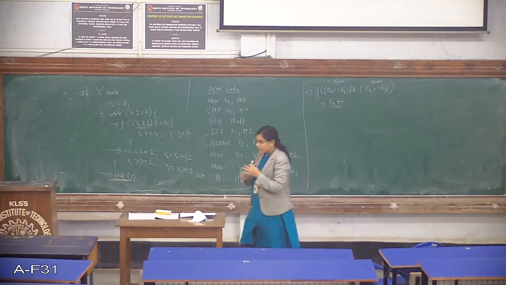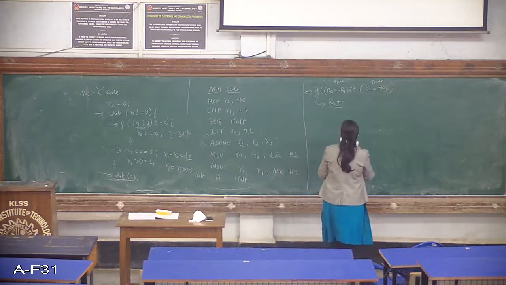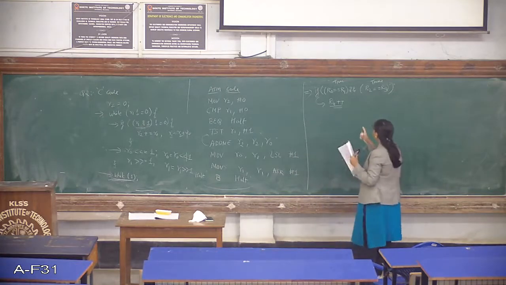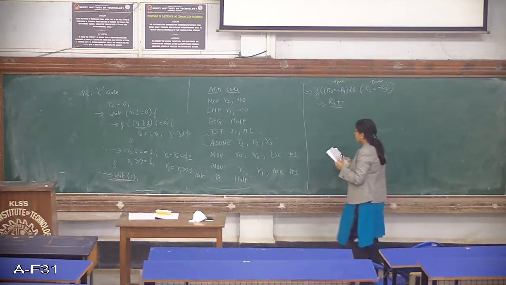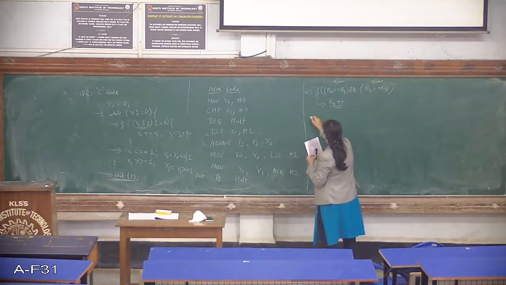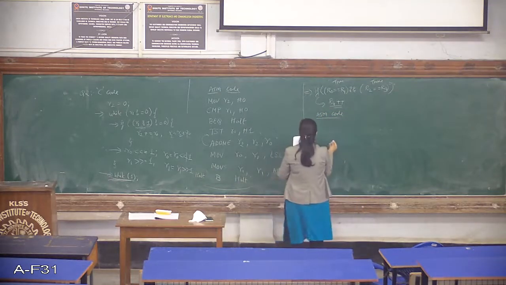So how do you write these instructions here? First thing is you're going to have a comparison of R0 with R1 and a comparison of R2 with R3. Okay, so I'll be starting with the compare instruction. This is my assembly code for the above C section.